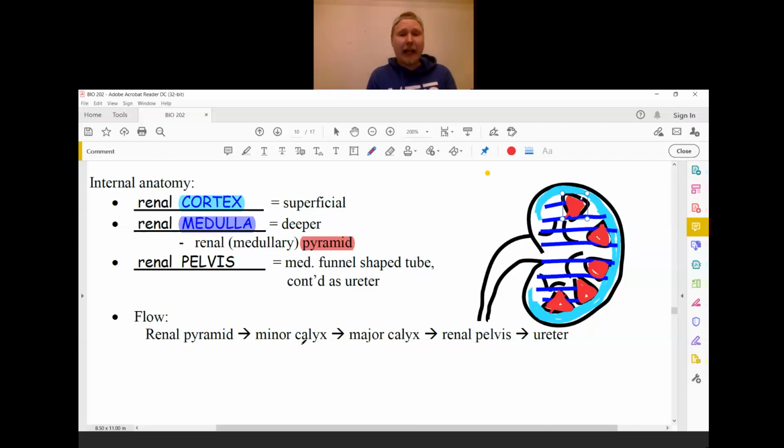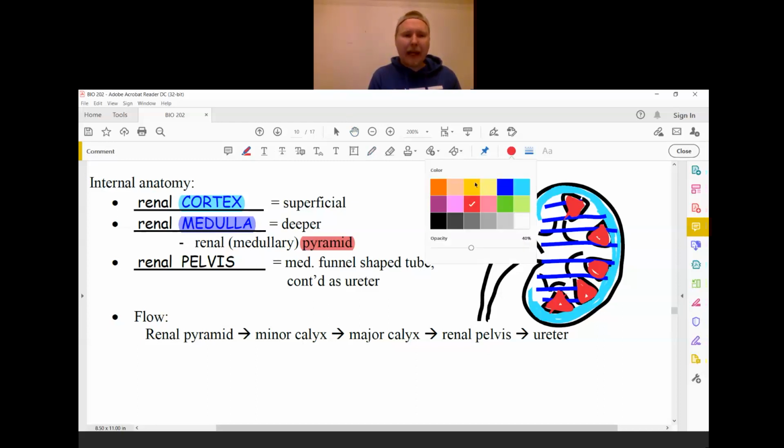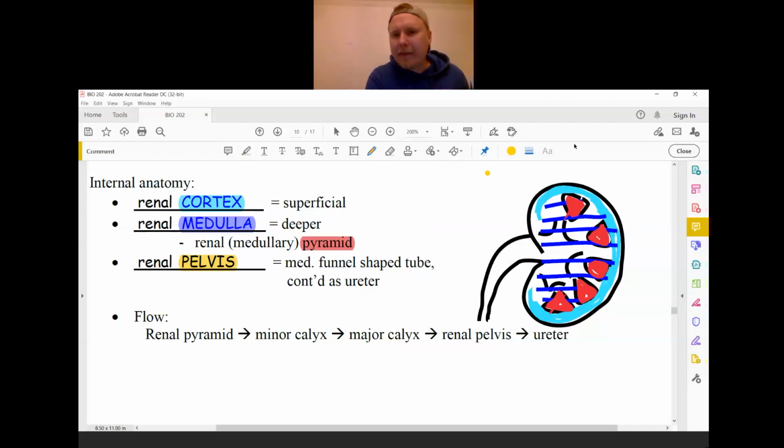And we also have the area of the renal pelvis. So this is the medial funnel-shaped part. We see there a calyx that collects the urine produced and then funnels it to the pelvis.